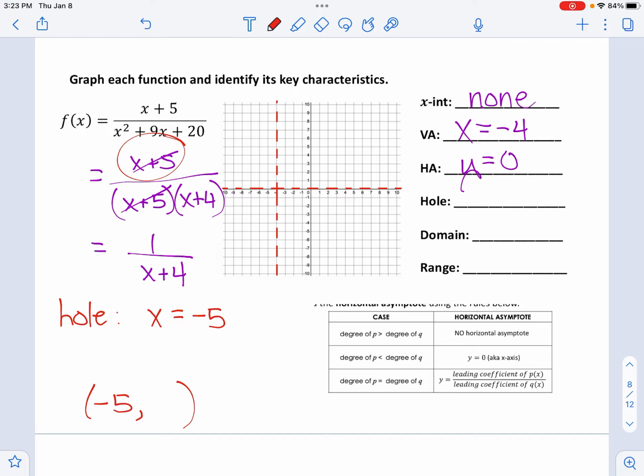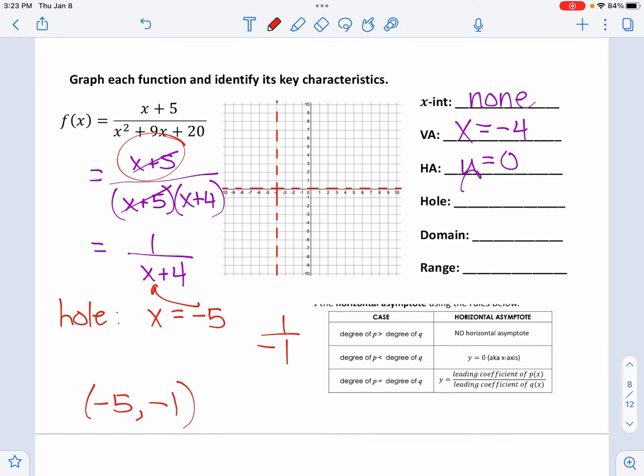So then you're going to plug in -5 to the simplified version. So if I do that, I'm going to get 1 on the top, and then -5 plus 4 is -1. So I really end up with 1 over -1, which is -1. Okay, so that is where the hole occurs in my function.